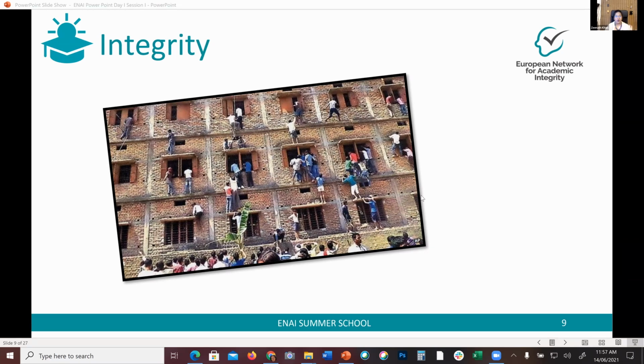Can anybody guess what's happening inside that building? Vivek, yes. There were board exams happening inside, with grade 10 and 12 students sitting down to do board examinations. And these were parents either themselves climbing the walls or hiring other people to climb the walls and hand in answer sheets.